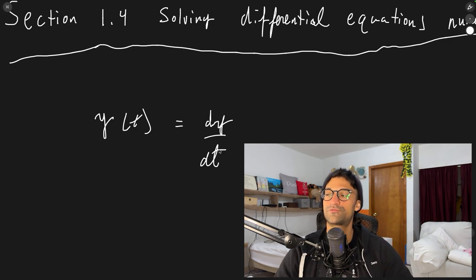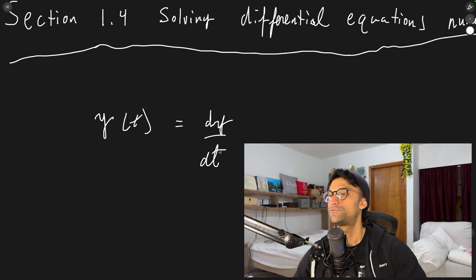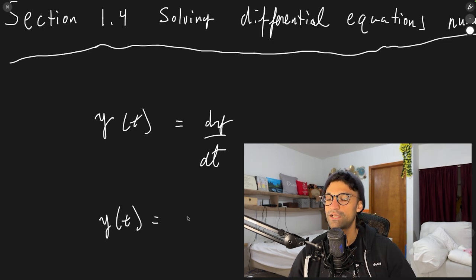Now the goal of a differential equation is to solve it, and what that means is to find out what y of t is, besides its relationship to its derivative. So, in our case, y of t is pretty straightforward.